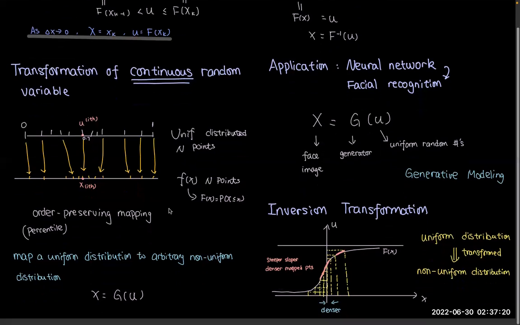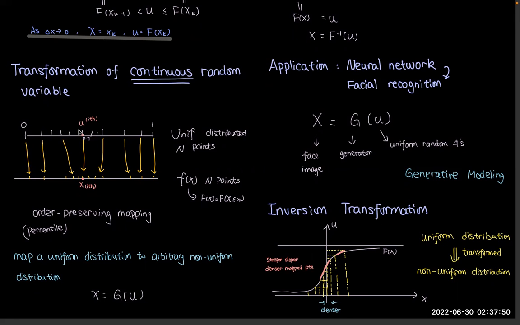And how does this mapping look? Suppose this is the ith point, then this should also be the ith point. Suppose this number is u. Because of the uniform distribution, the proportion of the points below this u is u. For example, the probability that a uniform random number is less than or equal to 0.7 is exactly 0.7.